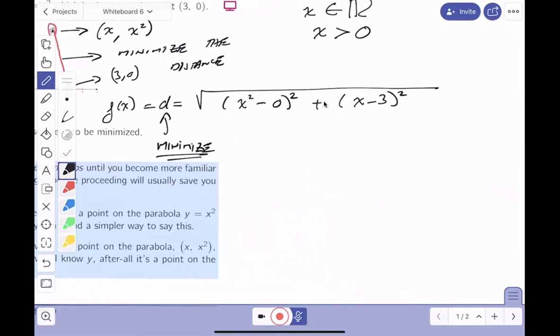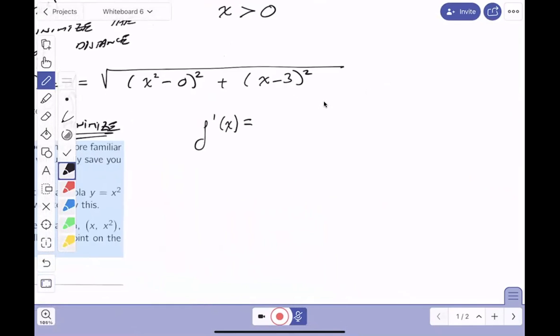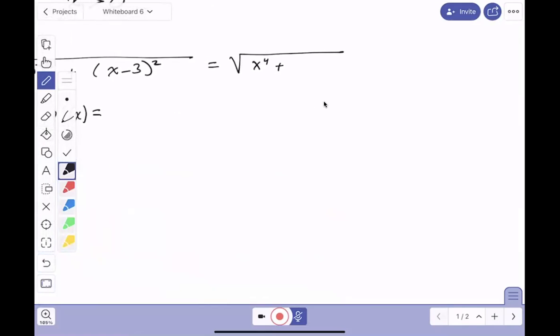I take its derivative. Before I do that, though, I want to claim it may be a good idea to simplify this. I'm going to write this down a little simpler, but not a lot simpler. You're going to get x to the 4th plus, stop me if I go too fast, x squared minus 6x plus 9.